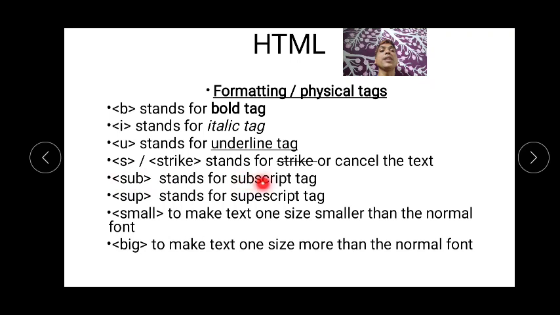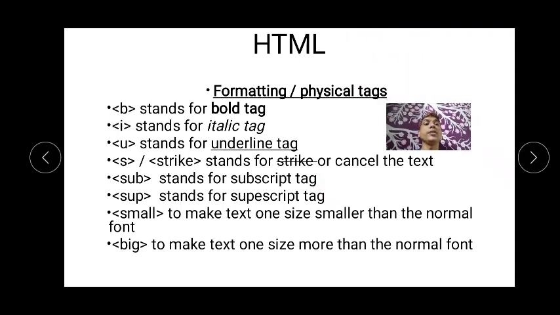Sub stands for subscript. Subscript means if you want to write something below the line, you can use the subscript tag. Then we have the superscript tag. Superscript means if you want to write something above the line, you can use it.